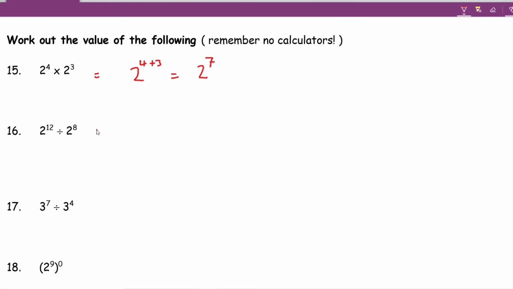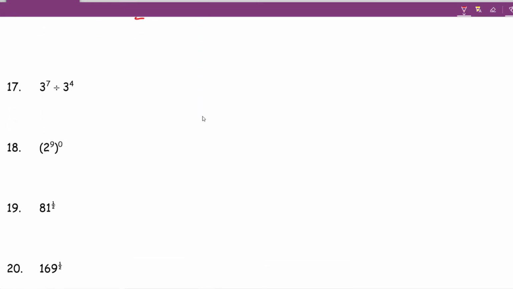Same thing here. We keep the base the same and just deal with the powers, just as we do in algebra. So that's going to be 12 take away 8, so that's going to be 2 to the power 4. We can just leave it in index form, that's fine, unless it says evaluate or give me an answer. Again, keep the base the same. 7 subtract the 4 gives me 3 cubed.